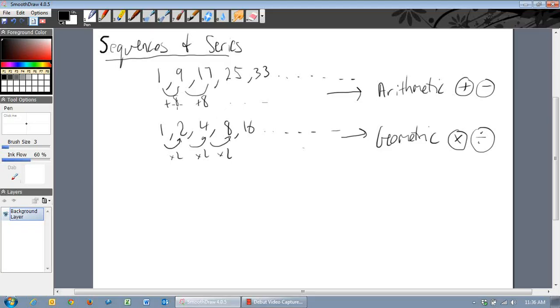What are series? Okay, so these are sequences. What are series? Well, series are exactly the same. They're just a sequence where we add all the terms together. So if we took this arithmetic sequence up here, then the series would be 1 plus 9 plus 17 plus 25 plus 33 plus dot dot dot on forever.